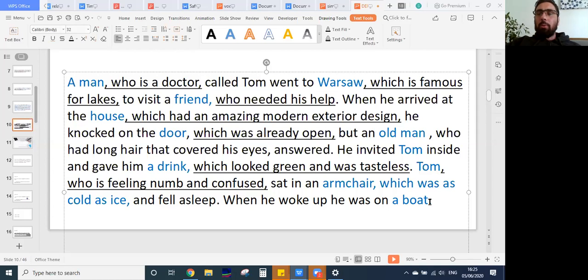When he woke up, he was on a boat. What could we say about the boat? Let's finish the story with something interesting about the boat. Where is the boat? Or what could we say about the boat? Which was looking expensive. Which had a dragon design.